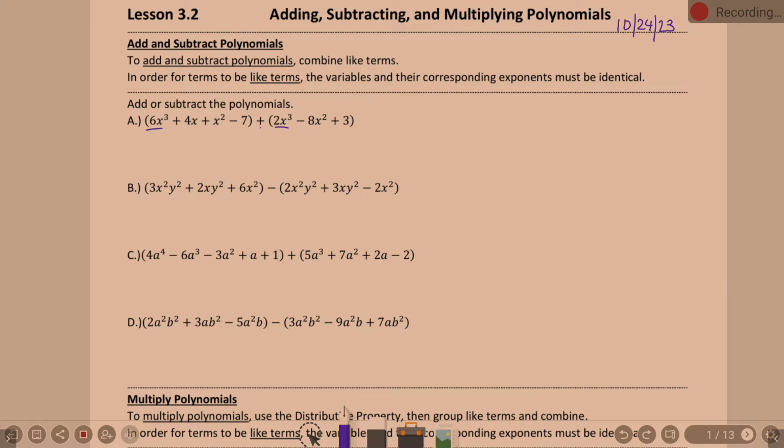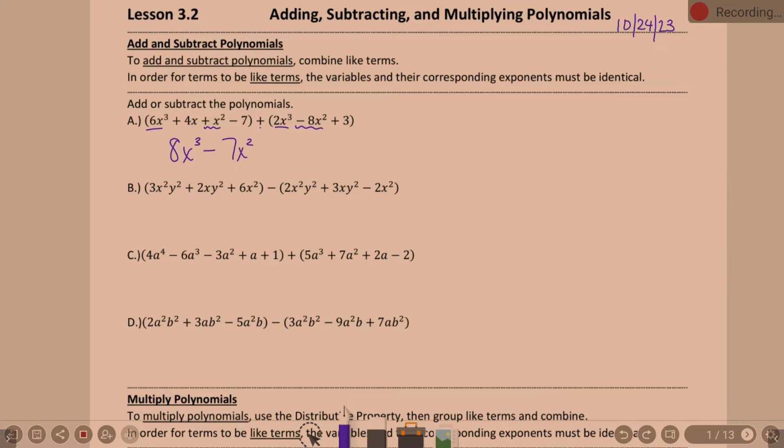6x cubed plus 2x cubed is 8x cubed. Then x squared: there's a plus x squared and a minus 8x squared. So 1x squared plus negative 8x squared is going to be minus 7x squared.